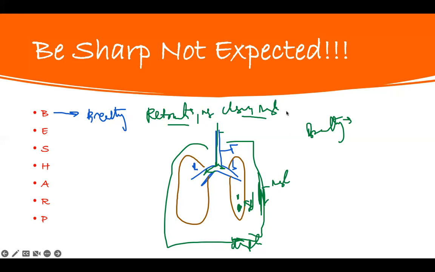The other thing that they like to ask, but they don't tell you, is blood-stained sputum. This is another word for pulmonary edema. That means you have too much fluid in the lung and a blood vessel breaks, so the sputum looks like there's blood in it.